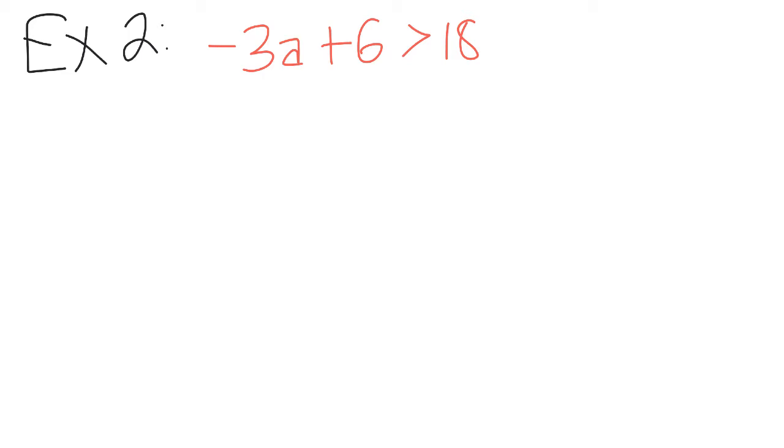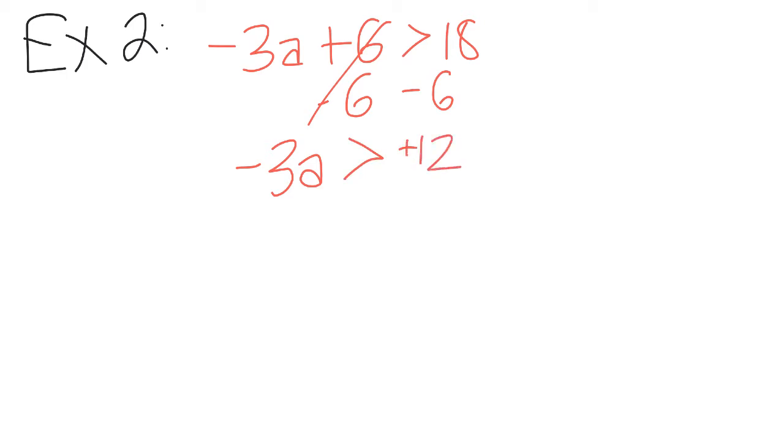Here, again, we are solving the same way we would if there was an equal sign there. I want my variables on one side, my constant on the other, so I'm going to move the 6 from the left side to the right side. So I'm left with -3a > 12, right? Because 18 - 6 is 12.